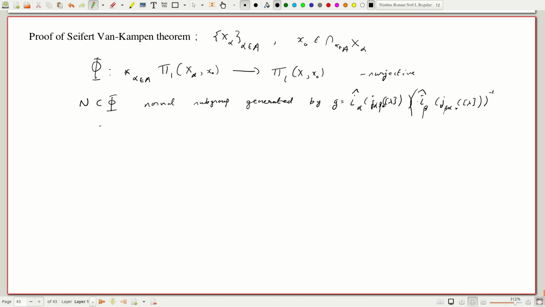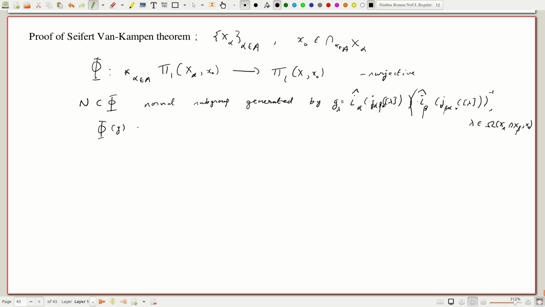Now if I look at phi of g, let's call it g lambda, and lambda is in the loop space of X alpha intersection X beta with the usual base point.